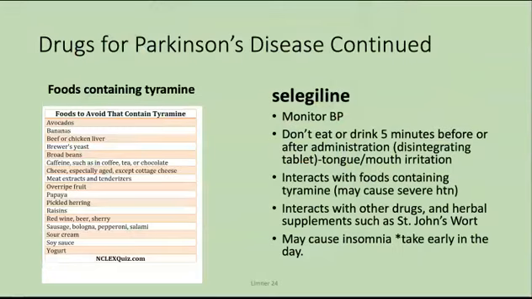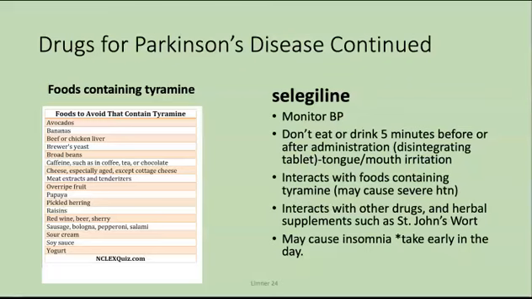Another drug for Parkinson's disease, this one interacts with foods containing tyramine. And with that interaction, we can actually cause very significant hypertension. Just remember, when we can cause hypertensive crisis or severe hypertension, we put the patient at risk for stroke, right? So we want to be very cautious. So if you see things where a patient needs to avoid tyramine containing food, take a look at a list.